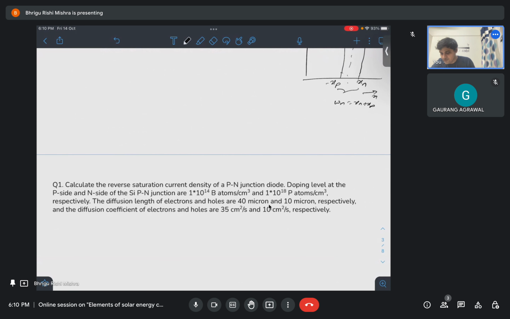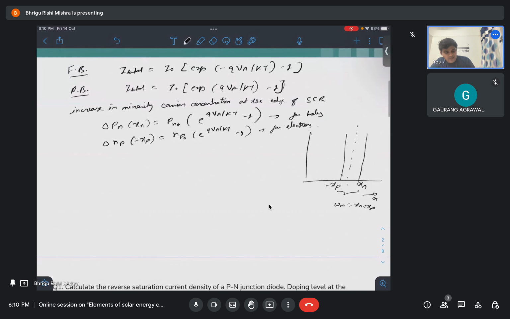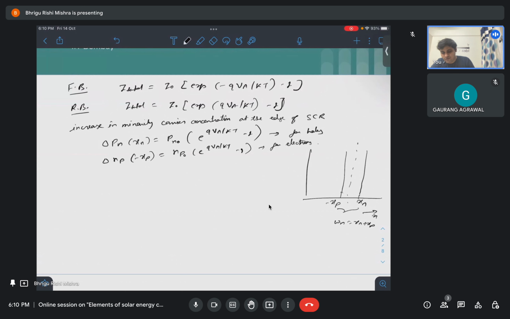We also saw the diffusion length for minority carriers. Ln equals the square root of Dn tau n, where Dn is the diffusion coefficient and tau n is the lifetime.